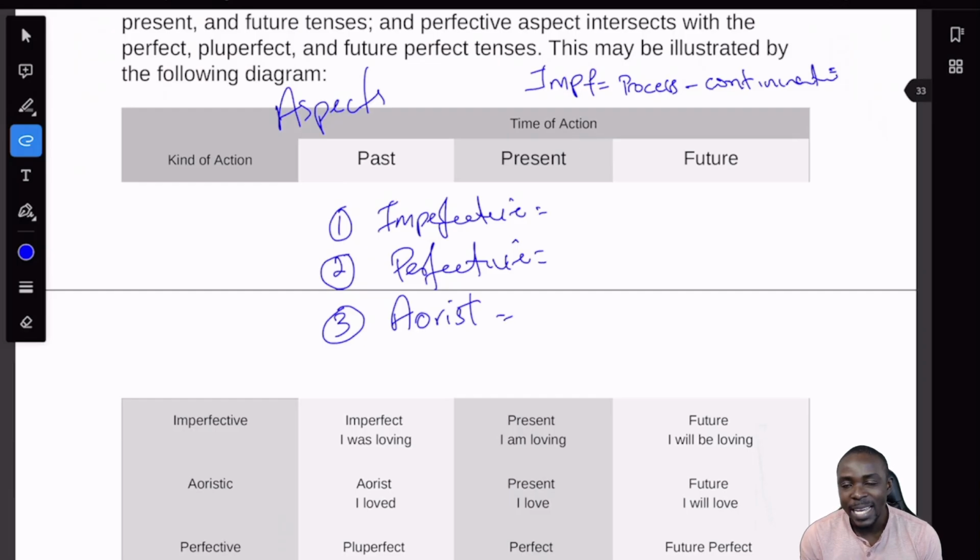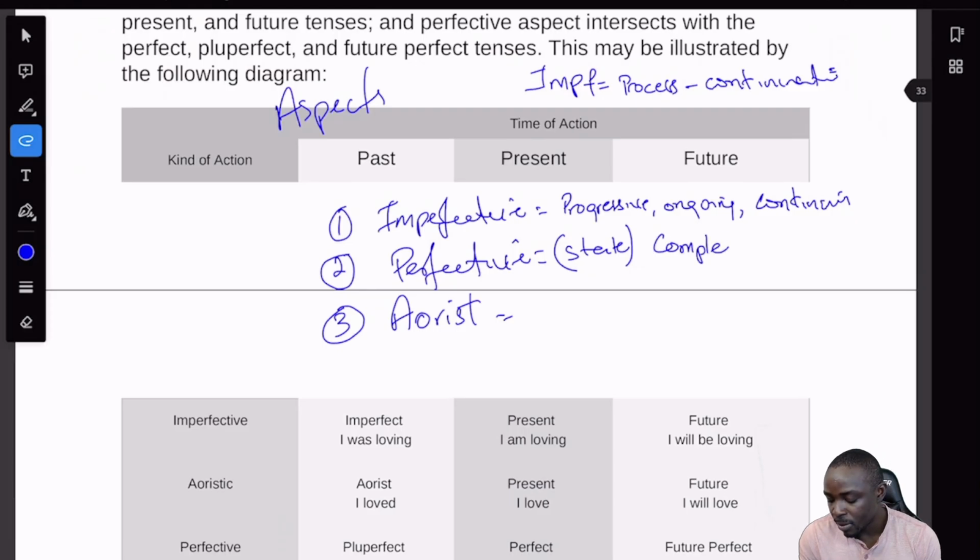Now, when you're translating the imperfective, you want to think of it as progressive, or ongoing. Continuous is the same thing. When you're dealing with the perfective, you're dealing with the state of the action, but to some degree, you want to think of it as perfected. The action has been perfected, so the action has been completed.